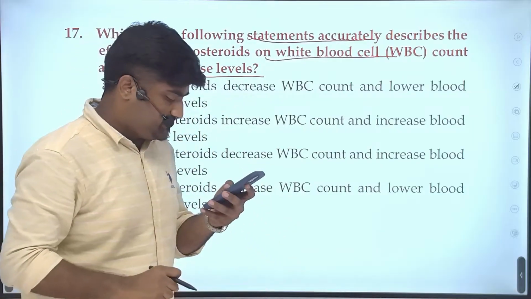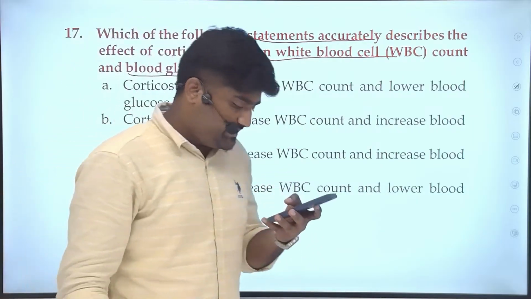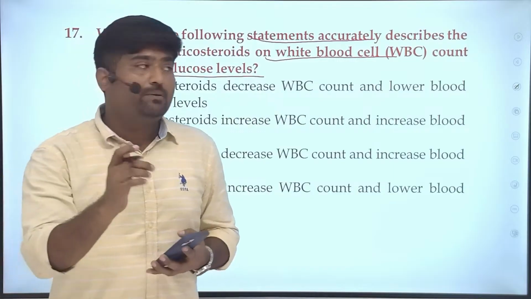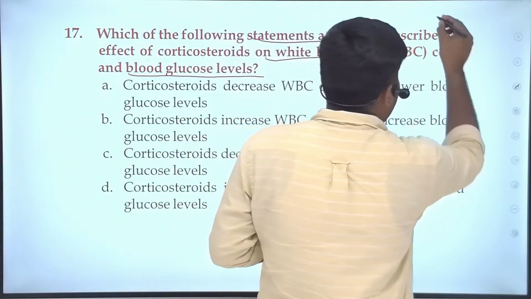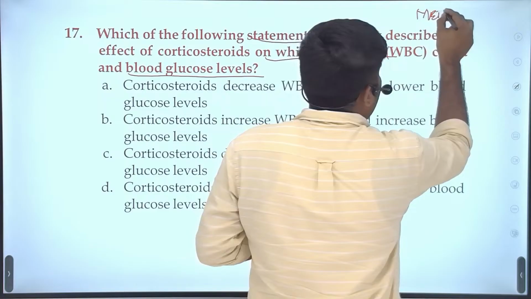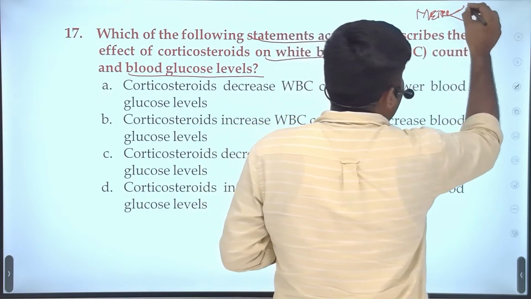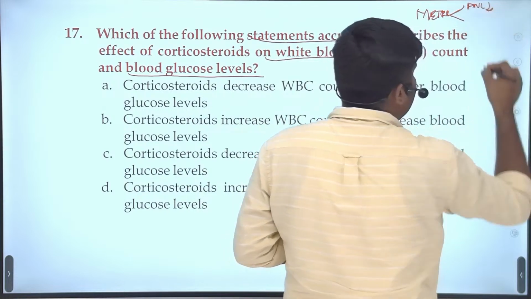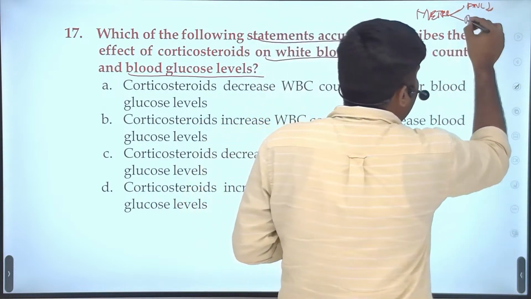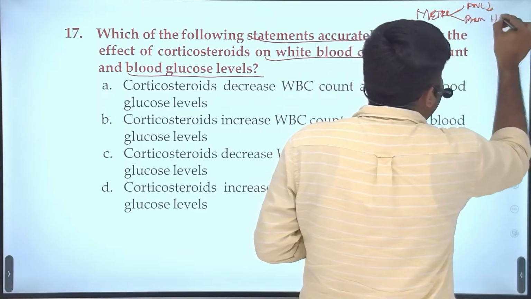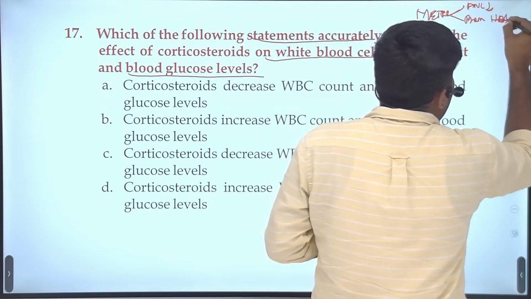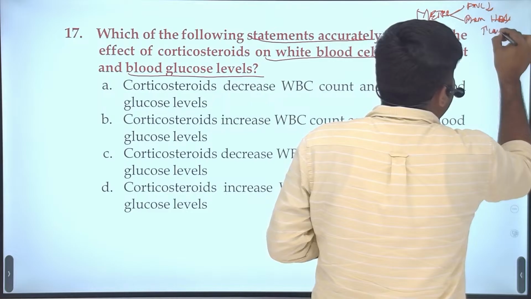Yes, methotrexate. And always remember, if the patient is taking methotrexate, what are the side effects you can remember? There will be decreased ANC, the count will be reduced, and the patient will be anemic, Hb will be reduced, and elevated liver enzymes.